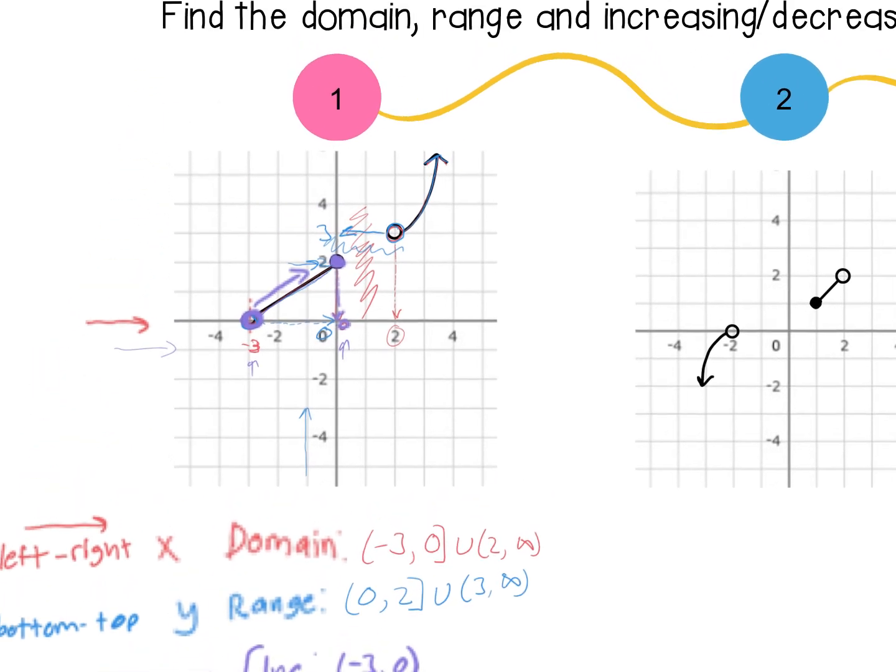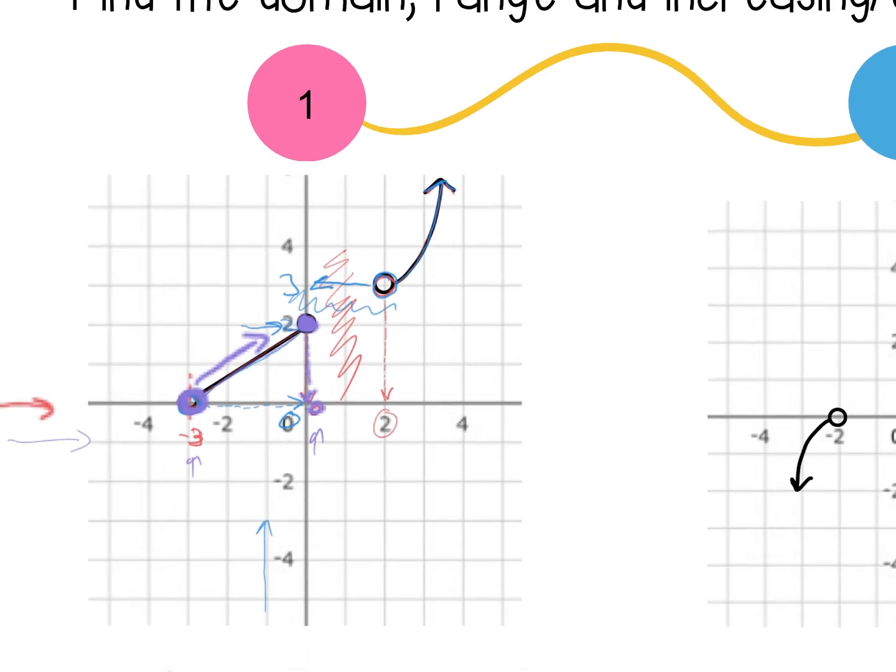Let's keep looking at our graph. In this next little piece of it, we start at 2. So this piece starts right here at 2. And then going to the right, in what direction are we going? Are we going up, down, or are we staying flat? It looks like we're going up, so we're going to go up in this direction.